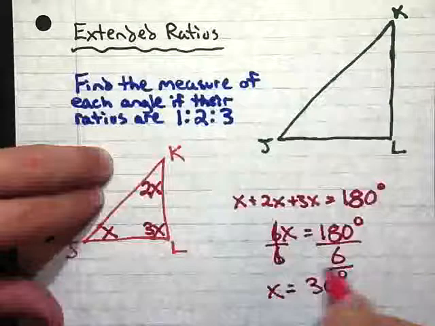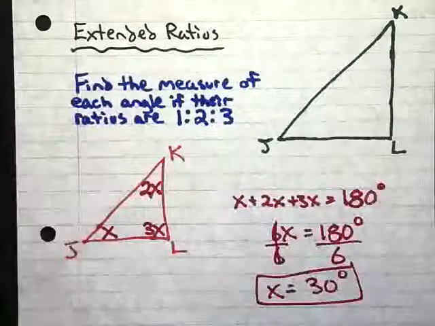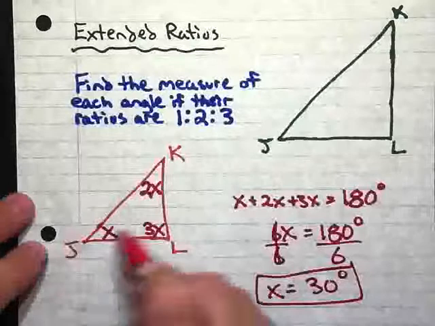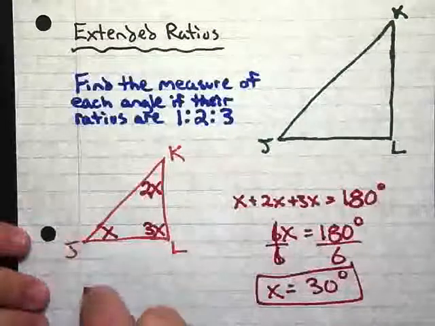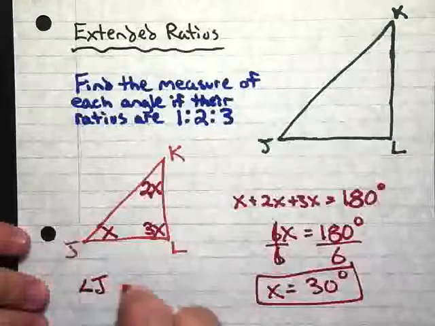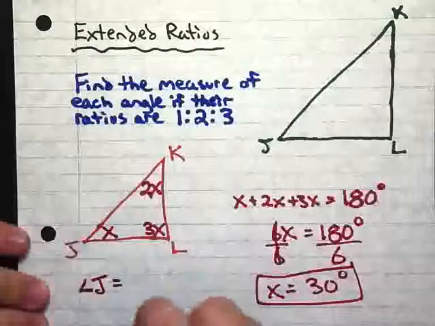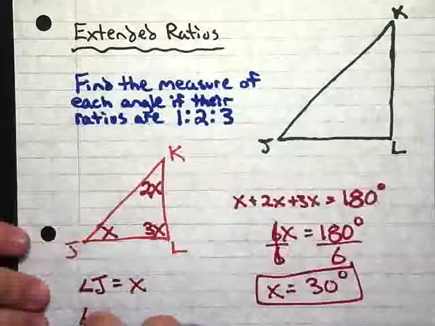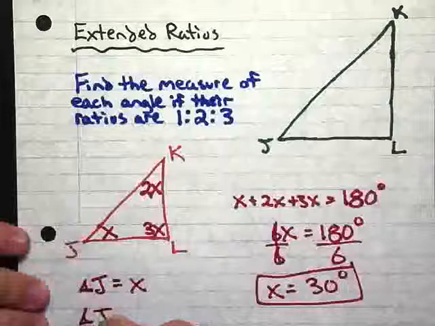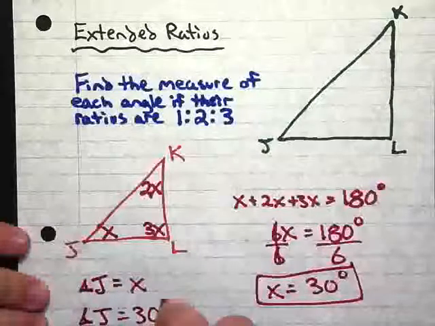So we solved for x, but now we've got to plug it back into each one of our angles. If angle J equals x, and I know that x is 30, that means that angle J equals 30 degrees.